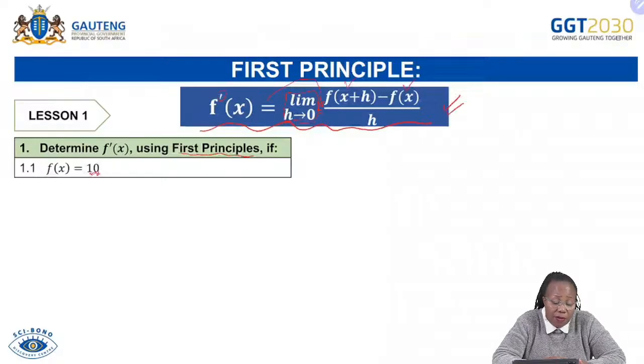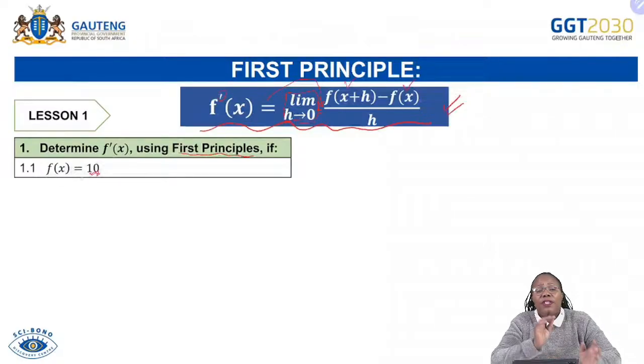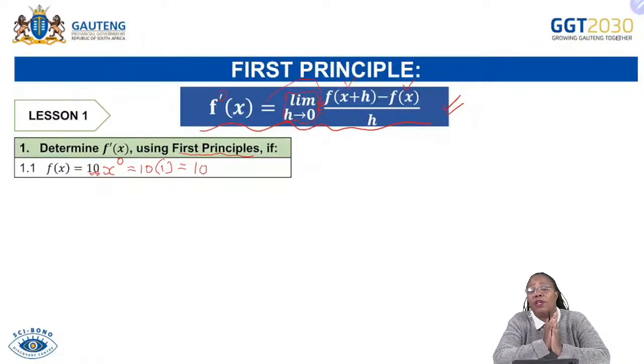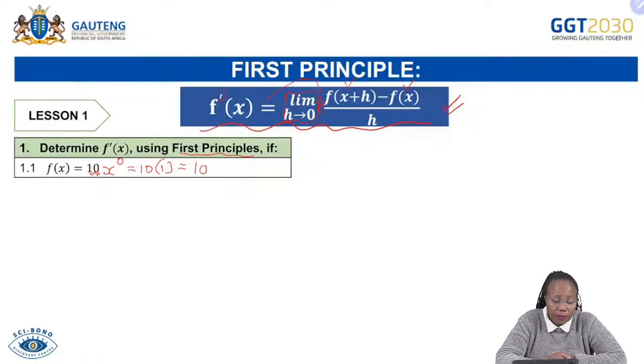Now, remember, if it is f at x plus h, okay, let's start here now. If it is 10, that means this was originally 10x to the power 0. Why? Because x to the power 0 is equal to 1. Therefore, this is 10 into 1, which is still a 10. That is why we are having f at x equals 10.